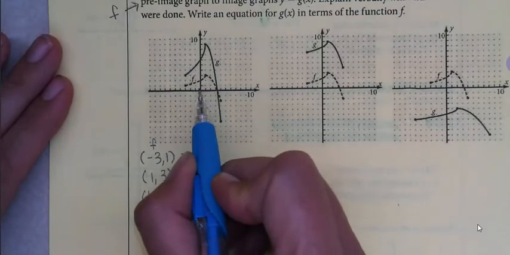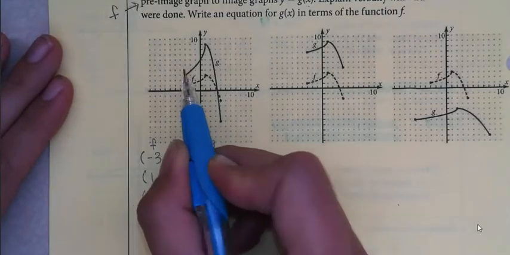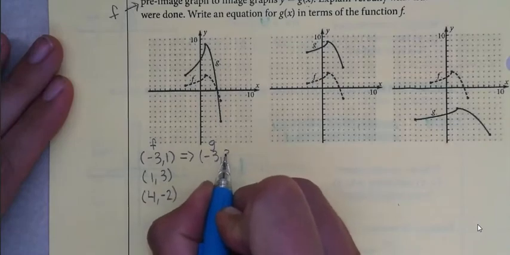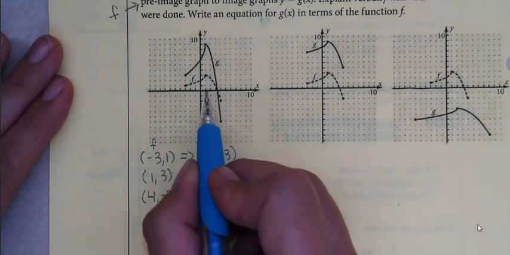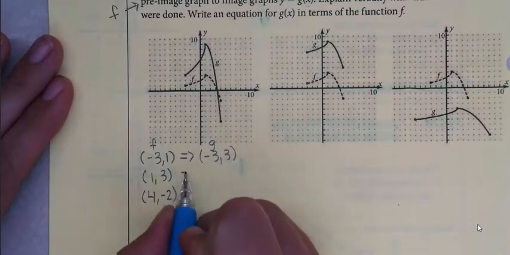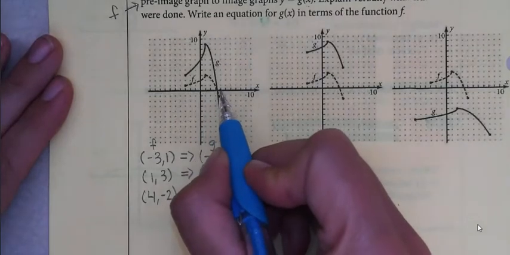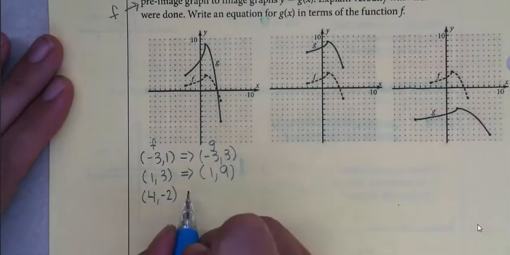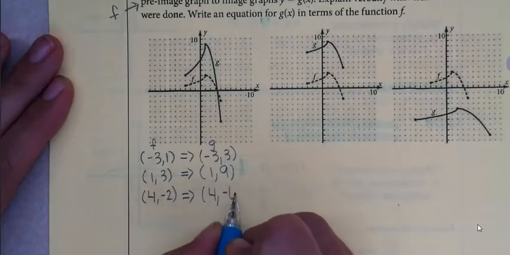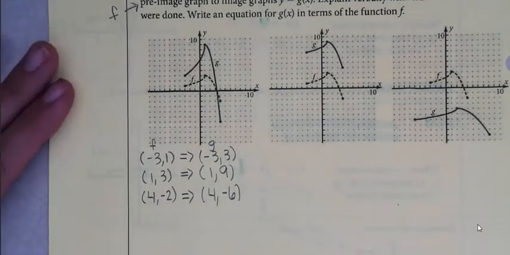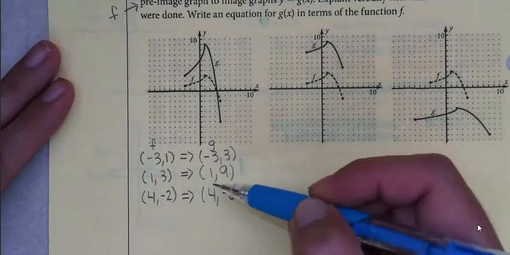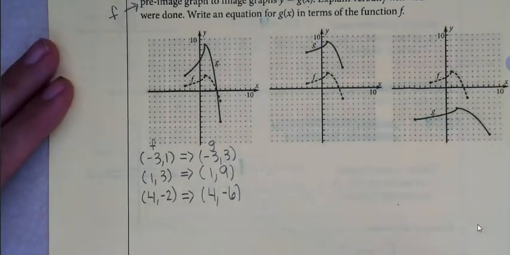The first point I see was transformed: it's still -3, but now it's up at 3. The second point is still at 1, but now it's up to 9. And the last point, input still at 4, but now it's down to -6. So I notice that nothing is happening to the inputs. It's all happening to the outputs. So I ask myself, is this a dilation or a translation?